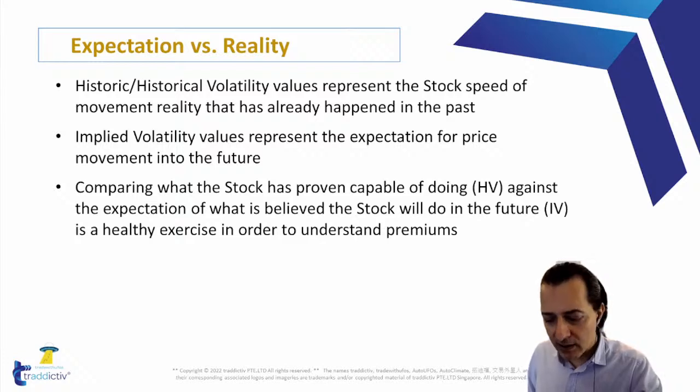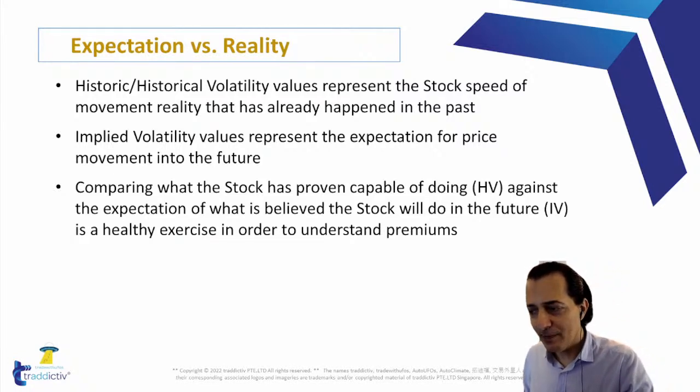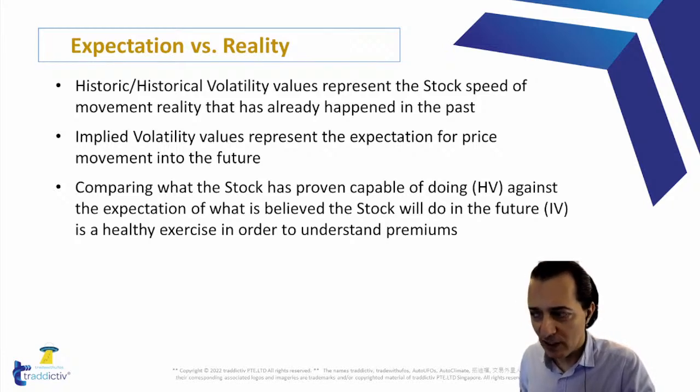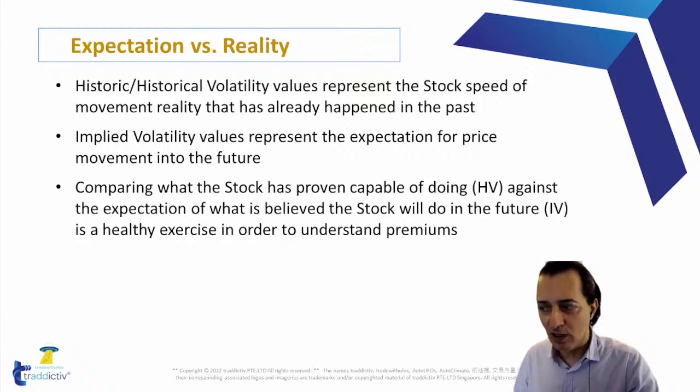Real-time options prices tell you Coca-Cola has an expected volatility of 31. Where the historic volatility is based on past data, which is real, it truly happened.